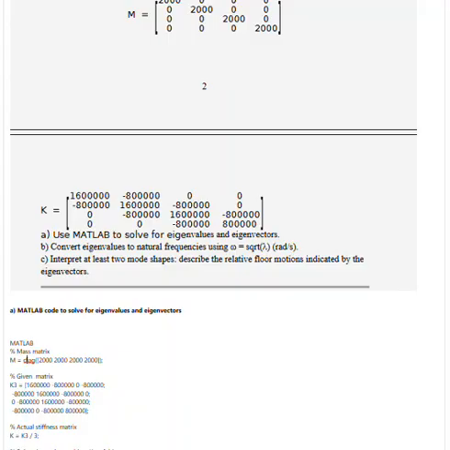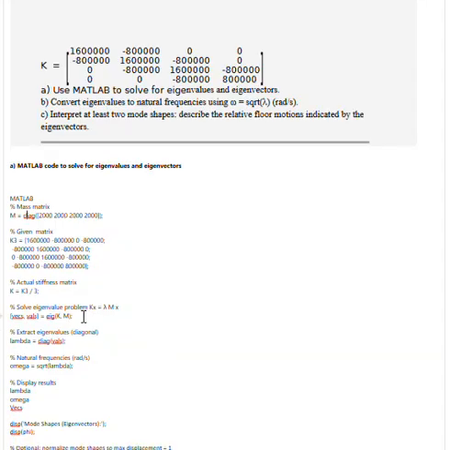Negative values show the resisting forces between the adjacent floors, and the matrix is symmetrical because structural systems have this characteristic. So going into the actual eigenvalue process, we need to solve K times X equals lambda times M times X, lambda being the eigenvalue, X being the eigenvector or the mode shape.